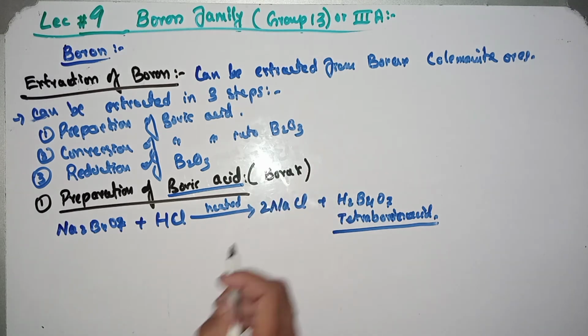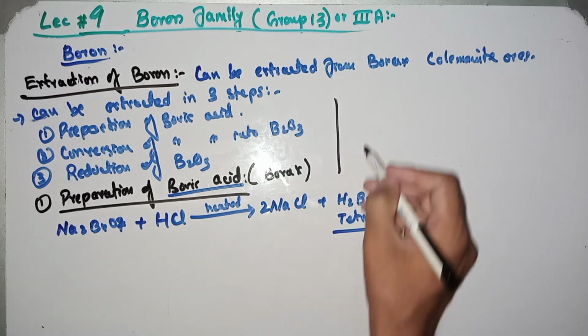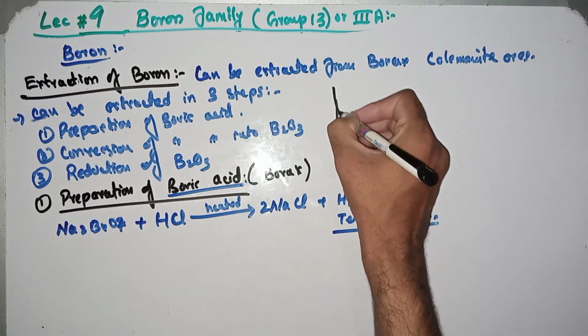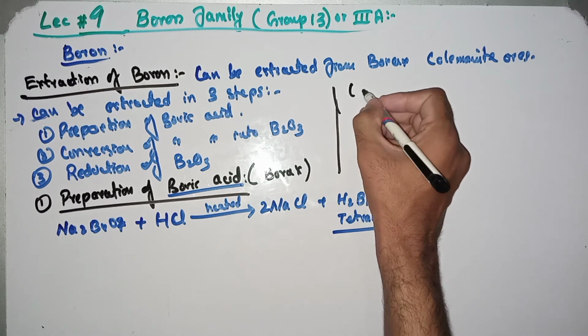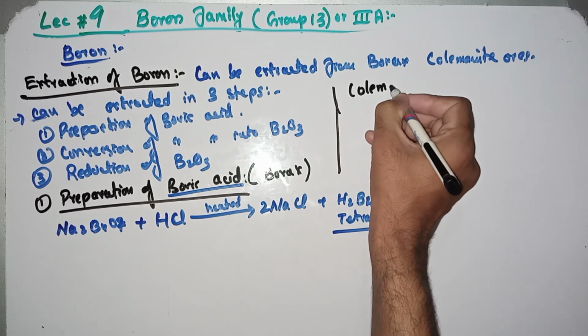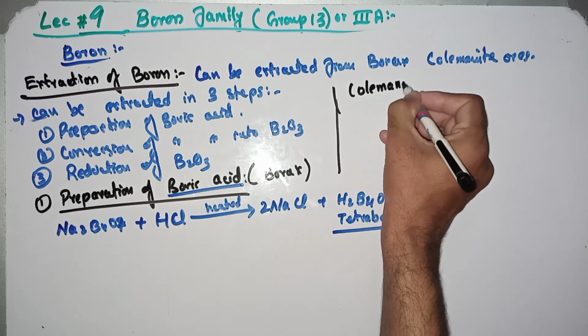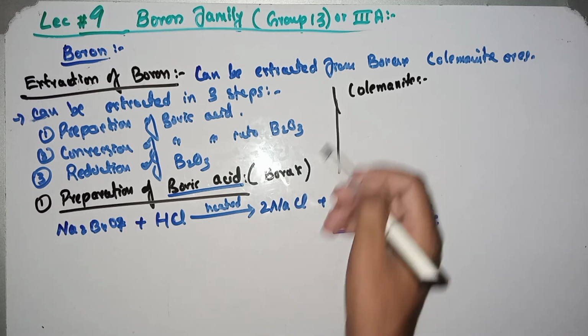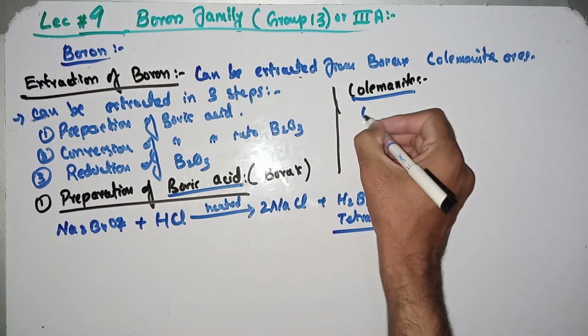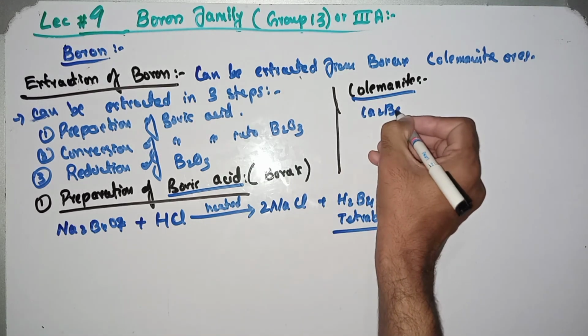Also, boric acid can be prepared from colemanite. How? The formula of colemanite is Ca2B6O11.